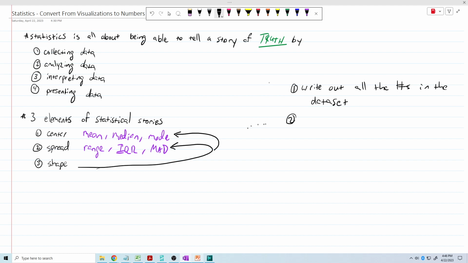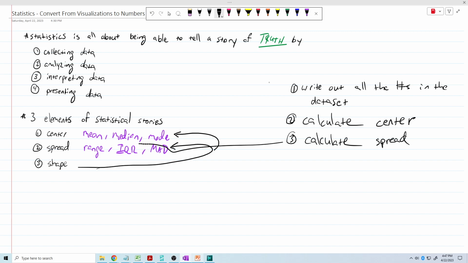Then we're going to calculate the measures of center, all three of those. Then we're going to calculate spread, which are all of these.